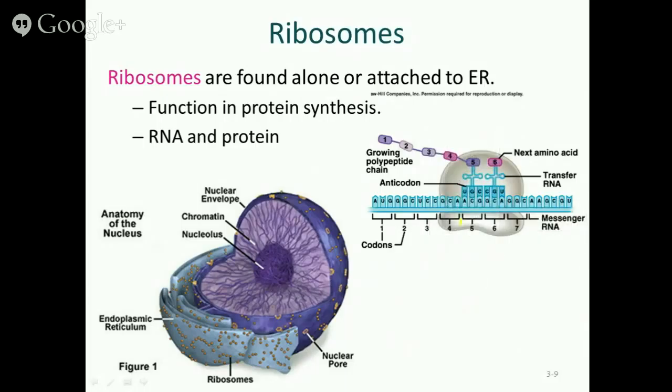And eventually we get something like this, which is our hemoglobin molecule, for example, which sits on red blood cells and carries oxygen, okay? So here's our growing chain of amino acids or peptides, which will eventually coil around and become a protein.